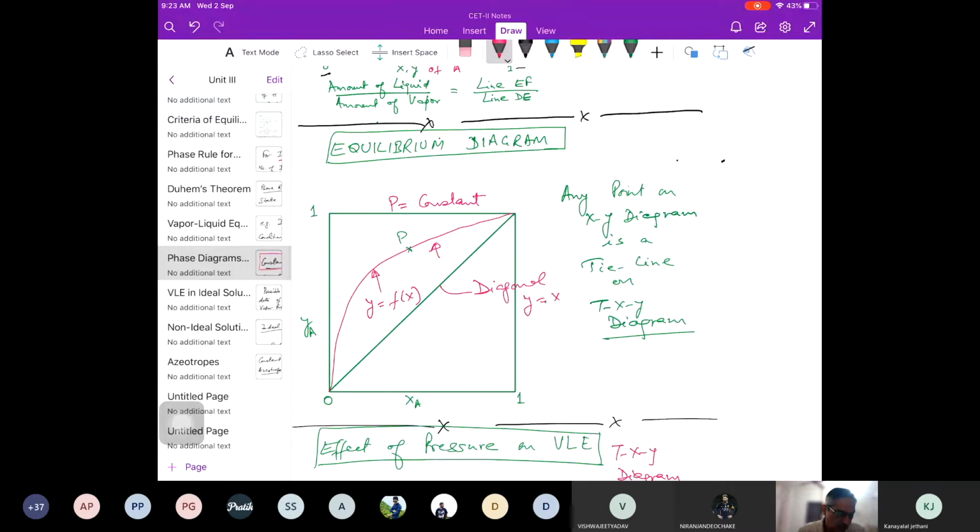Which shows Y on the y-axis, that means vapor composition in equilibrium with the liquid composition, and X on the x-axis. If I take any liquid and boil it or increase the temperature, and if the liquid composition is given by this composition, the vapor composition is given by, if I take it vertically here and then take it like this, this is the vapor composition.